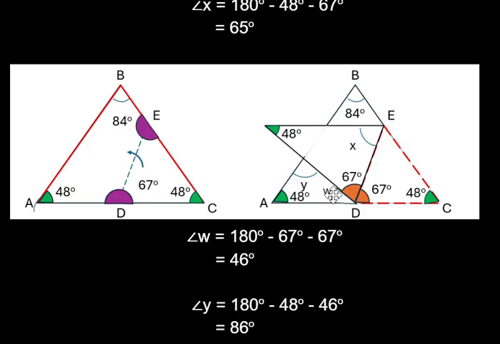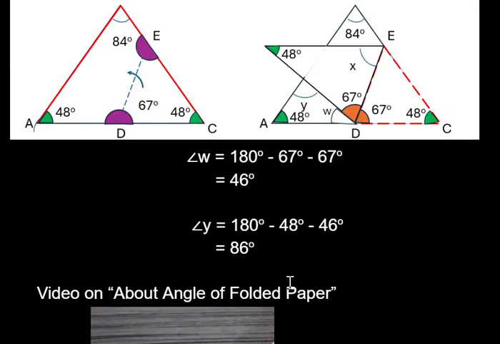So I found angle W. Same thing, since I know this is 48 and angle W is 46, I can find Y using the sum of angles in a triangle. So angle Y is 180 minus 48 minus 46. 48 is here, 46 is here. So angle Y is 86 degrees.